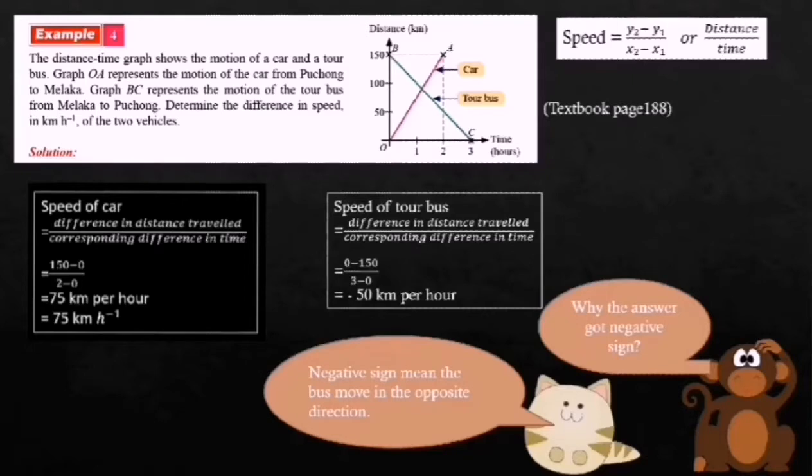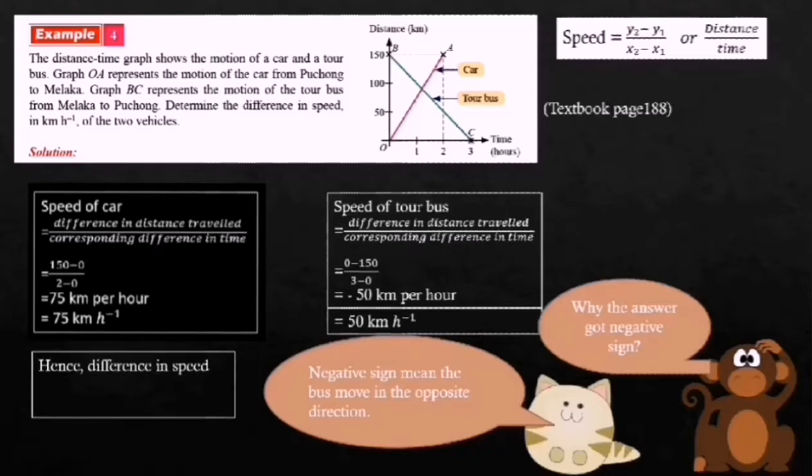So you change to positive. So speed of tour bus equal to 50 km per hour. Okay. So now we want to find the difference in speed in km per hour of the two vehicles. Hence, difference in speed equal to 75 km per hour minus 50 km per hour equal to 25 km per hour.